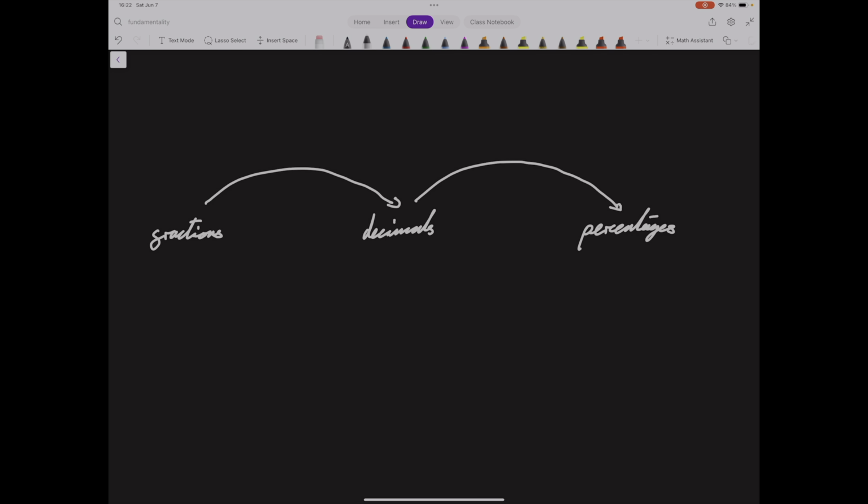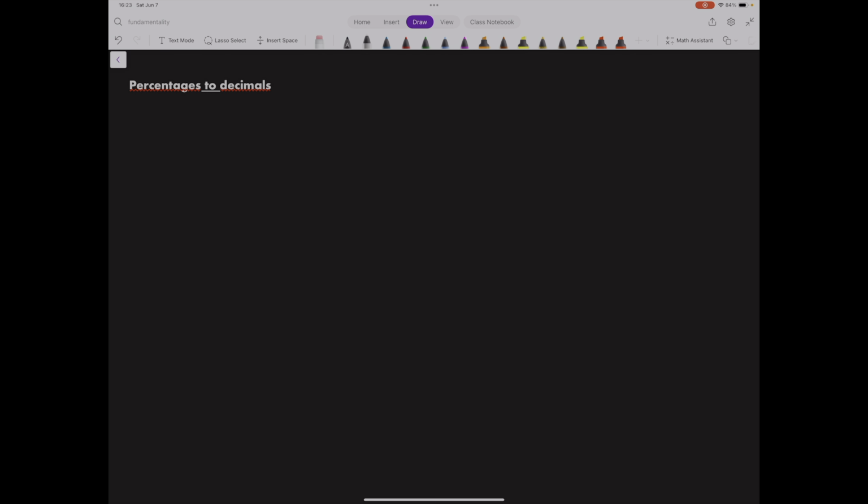Okay, so now we're going to go backwards. We're going to go from percentages to decimals. So now we're going this way. In order to convert from percentages to decimals, you just do the opposite of what you did last time. You divide by 100 this time. That means shifting 2 spaces to the left of the decimal point in place value.